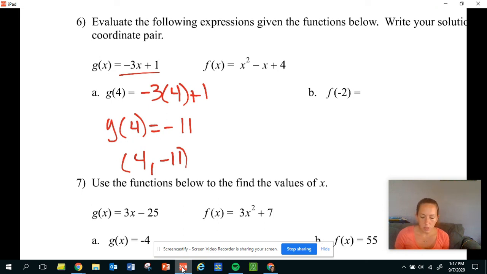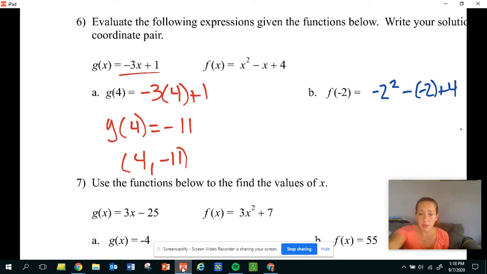For the second one, f of -2, I'm going to plug in -2. Now, I'm going to tell you, I do a lot of these ones on practice because every year so many people make the same mistake. They want to just write -2 squared minus -2 plus 4. Especially when you're squaring something, just always get in the habit of when you plug stuff in to put it in parentheses, please.